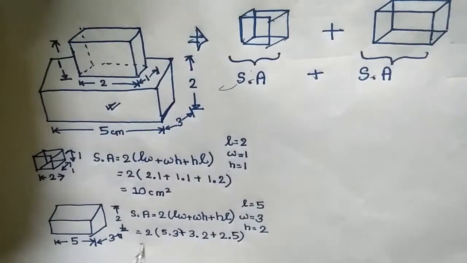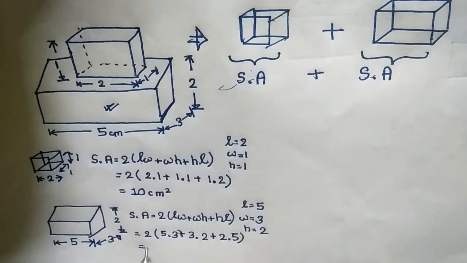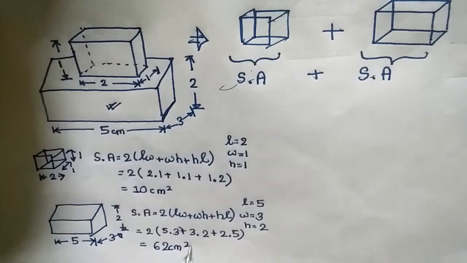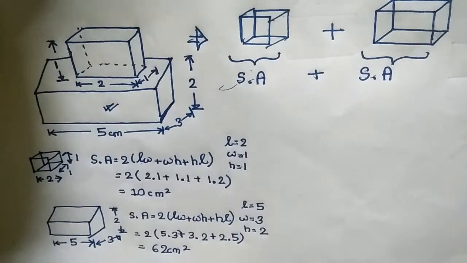So this will give us 15 plus 6 is 21, and 10 is 31, and 31 multiplied with 2 is 62 centimeters square. So this will be the surface area for the larger box.